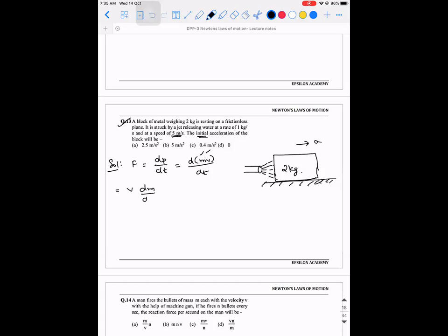It is the mass that is changing, because they have told 1 kilogram per second. So v is 5, into dm by dt which is 1, will be equal to the mass of the block, 2, into a, because F is equal to ma. So acceleration will be 2.5 meter per second square.